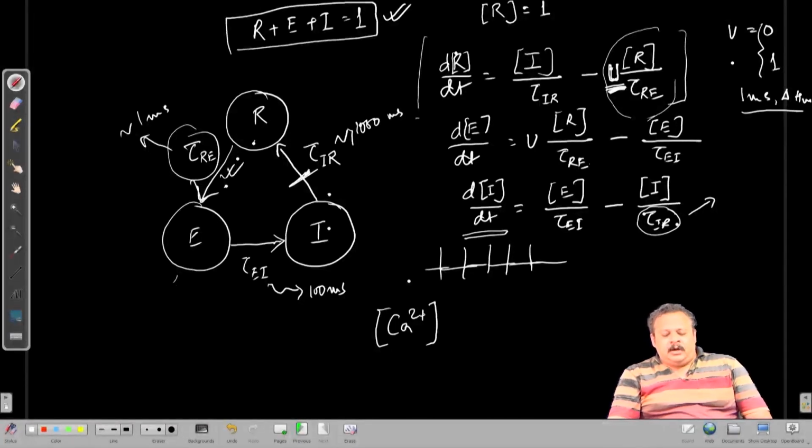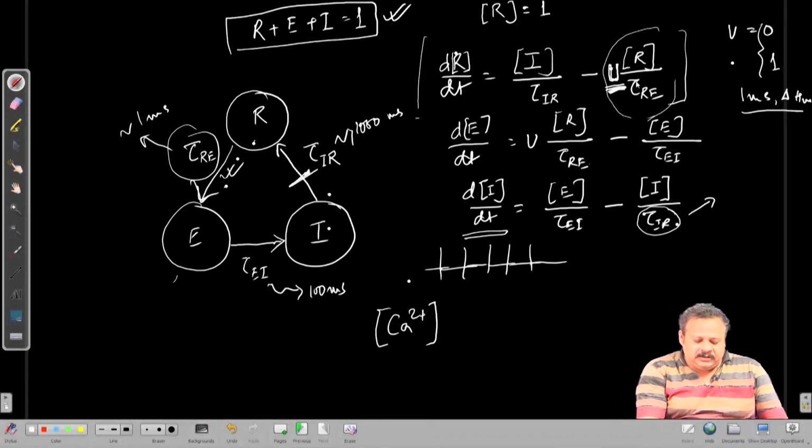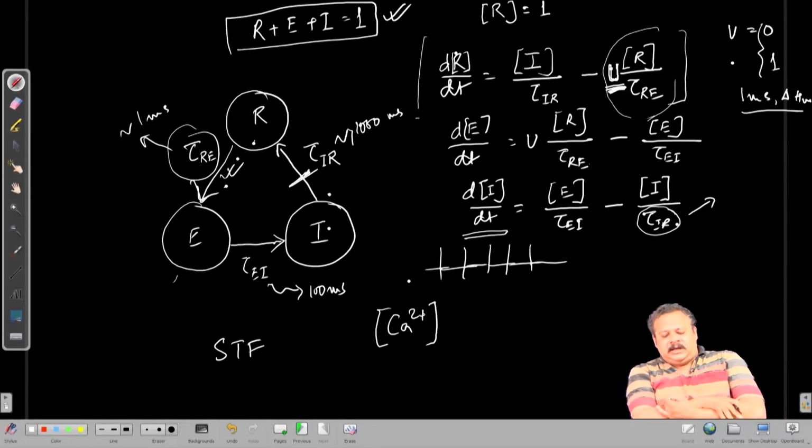The reason why we will do that is that the model that we have talked about does not explain short term facilitation, because this can only explain short term depression based on the time constants that we have discussed. And so, what can we do?